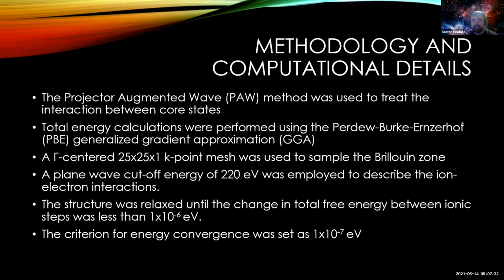There was a gamma-centered k-point mesh of 25 by 25 by 1 to sample the Brillouin zone, a cutoff energy of 220 electron volts, and the structure was relaxed until the change in total free energy between ionic steps was less than 1 times 10 to the negative 6 electron volts, and the energy cutoff criteria was 1 times 10 to the negative 7 electron volts.